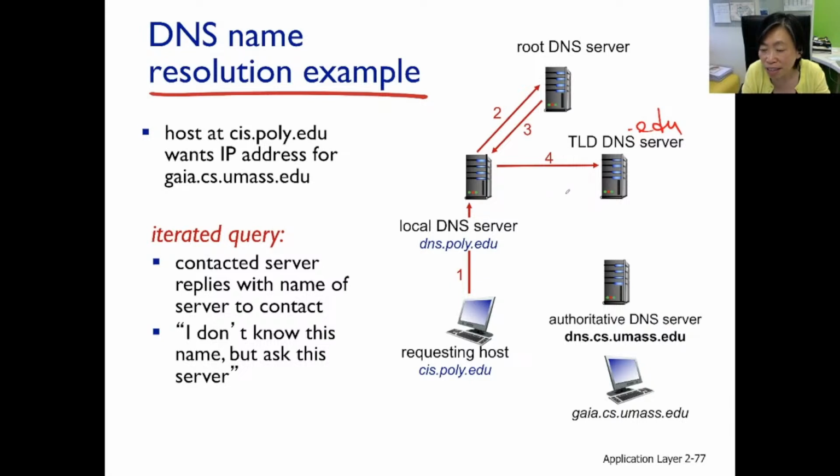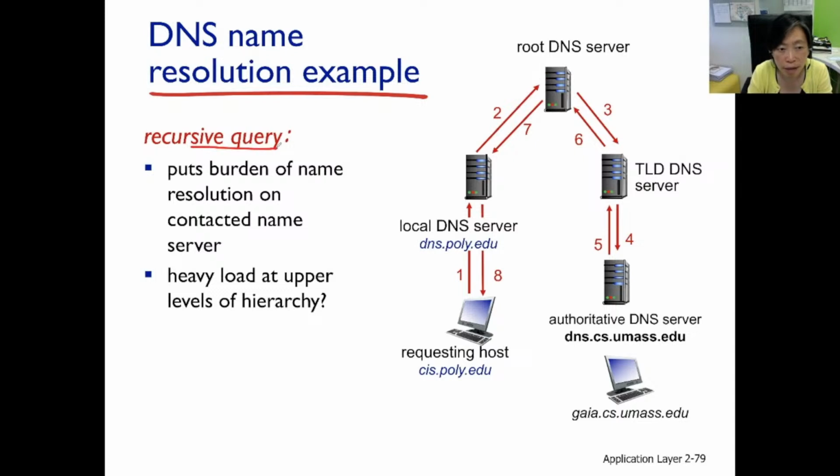TLD DNS does not know the IP just yet, but it does know the IP address of the authoritative DNS server, so that will be sent back. And the local DNS server sends the query the third time to finally the authoritative DNS server. And finally, the IP address for Gaia.cs comes back to the local DNS server. Local DNS server forwards that back to the requesting client and be happy about it.